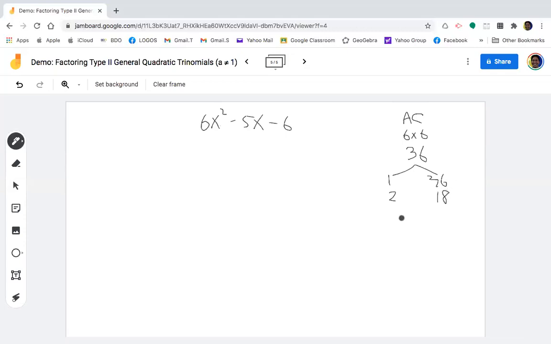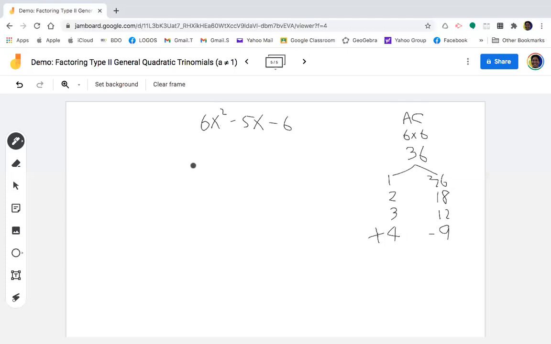The difference is 16, so that's not the one either. 3 and 12, the difference is 9, so it's not the one. 4 and 9. 9 minus 4 is 5. So this is the pair that we're looking for. Let's distribute the sign first before we forget. The sign of the middle term goes with the bigger number, so this becomes negative 9 and this becomes positive 4.